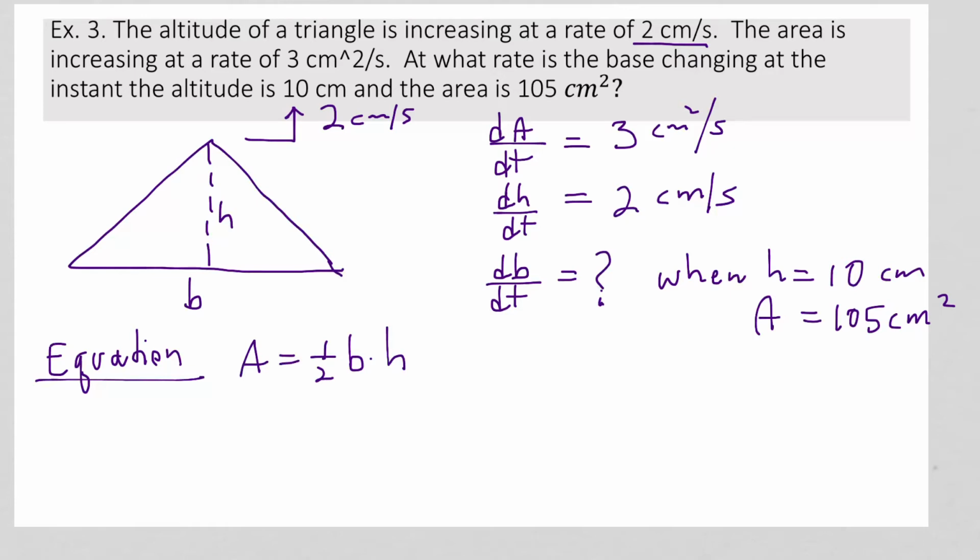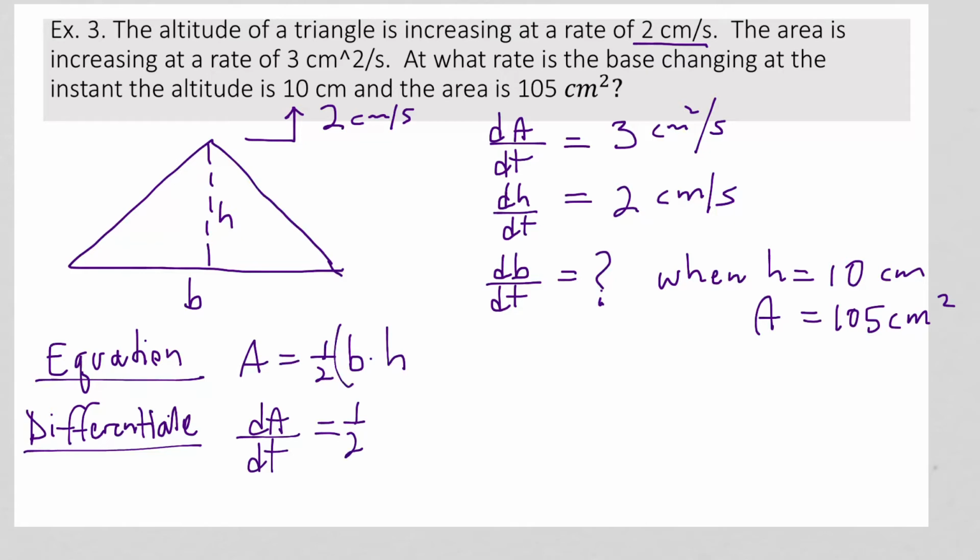I'm going to differentiate first here, and then I'm going to do my substitutions. Of course, I probably don't need to say that we're differentiating with respect to time because time is my independent variable. So dA/dt, change in area with respect to time, is equal to 1/2.